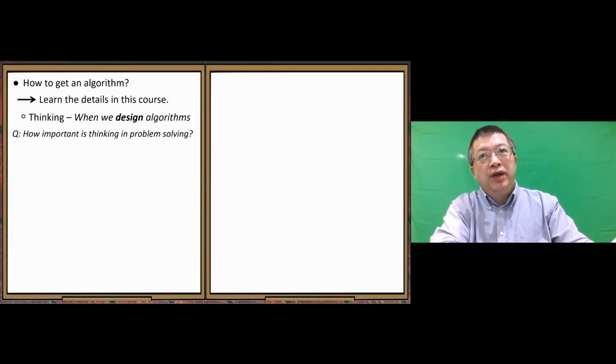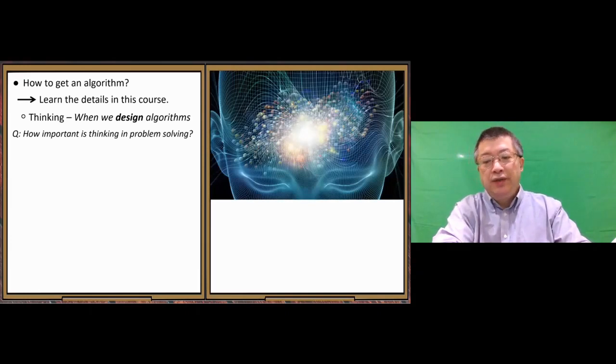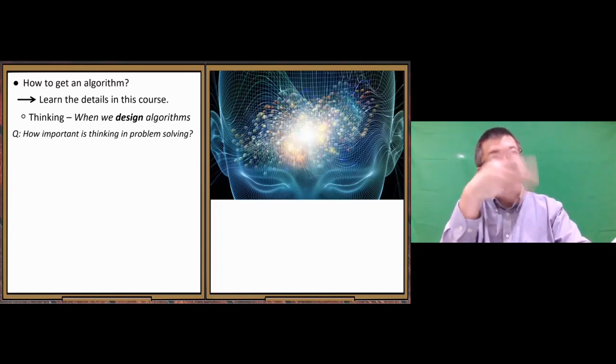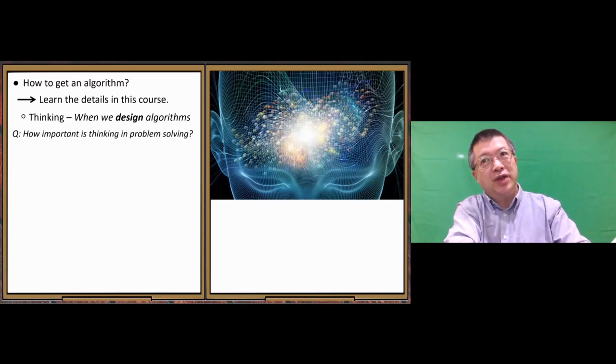How important is thinking in problem solving? We know it's very important, extremely important. Let's look at that with a little more detail. This is a picture of AI thinking. This one gives you the impression it's not a human, it's an AI, an artificial figure.